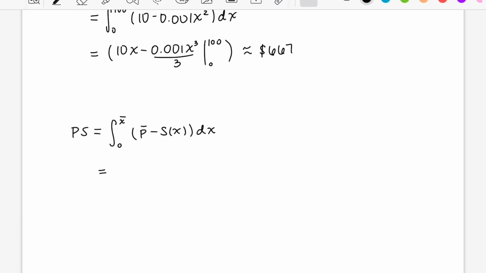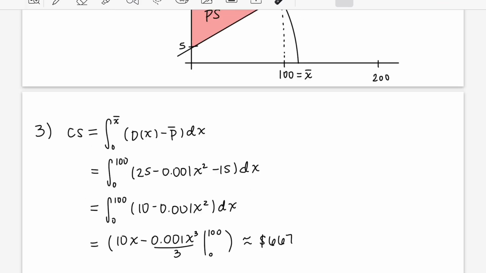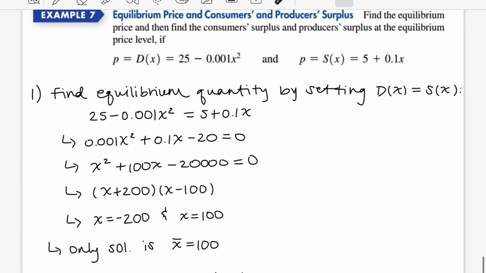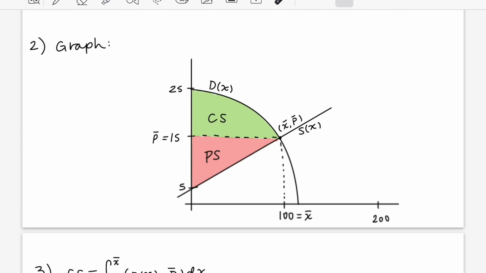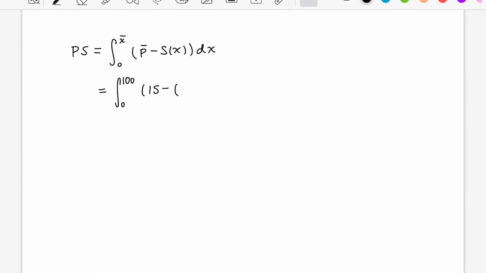And similarly, we know that our producer's surplus is given by this definite integral. So we have, again, our lower and upper limits of integration. We know that our equilibrium price was given by 15. And then our price supply equation, S of x, is 5 plus 0.1x.